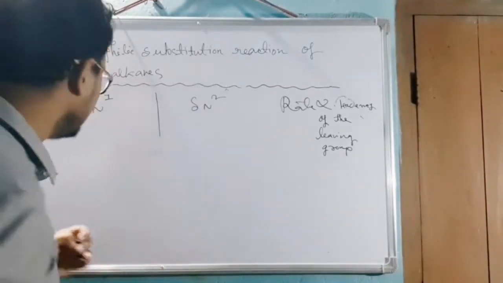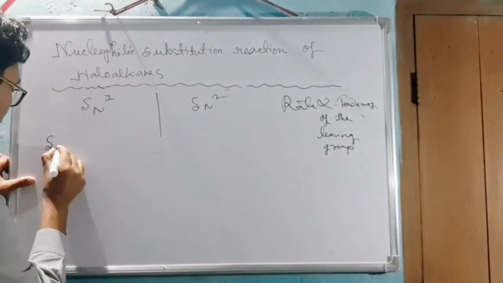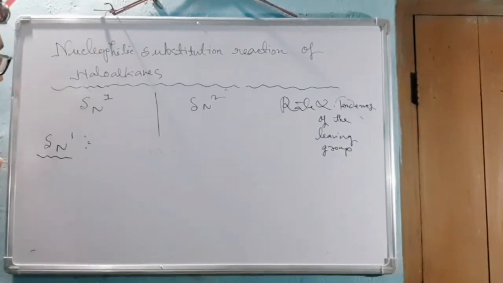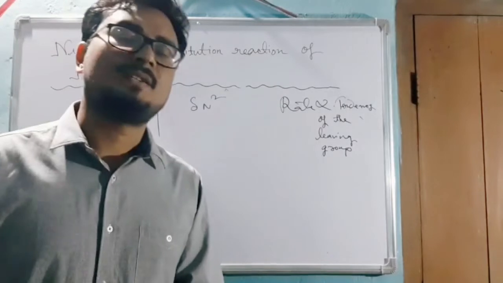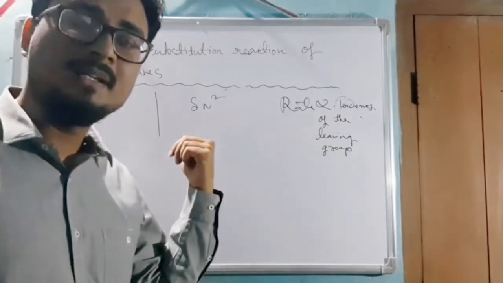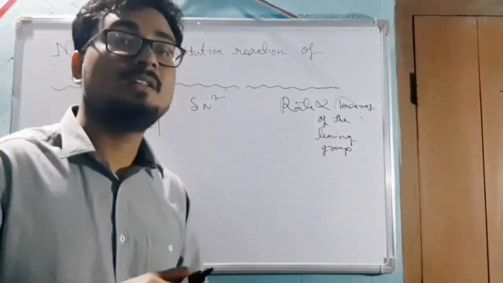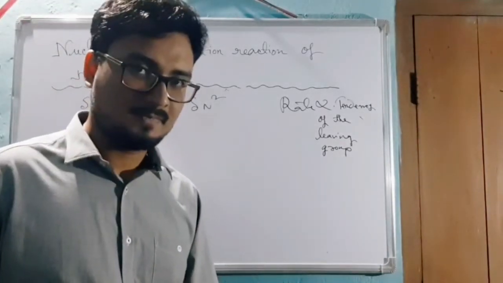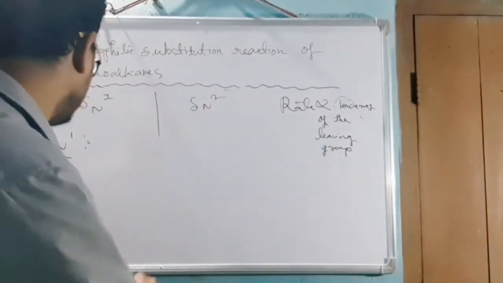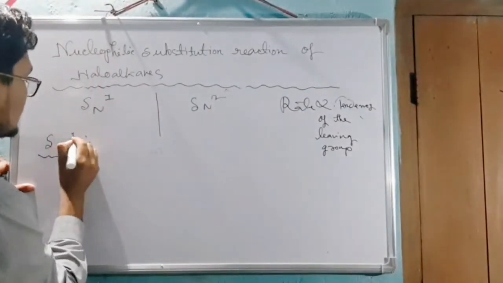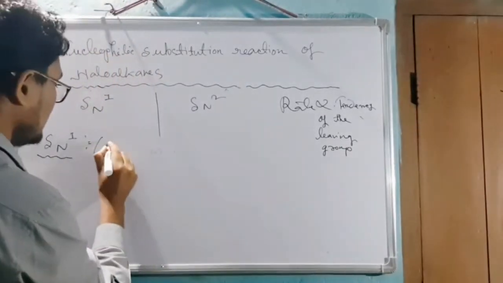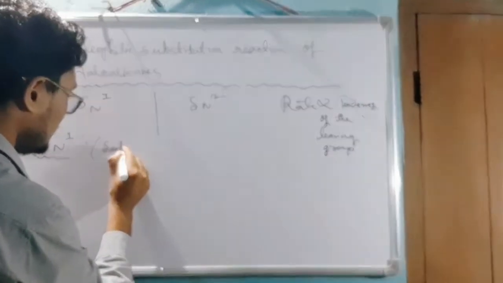First of all we write the definition of SN1. Now what is an SN1 reaction? Though the name has one, it will occur in two steps. One means unimolecular.